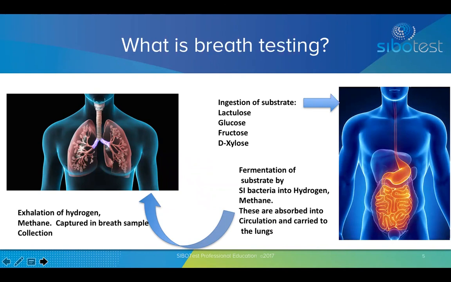There is a third gas, hydrogen sulfide, that cannot be assessed using the breath tracker at this time. These two gases are absorbed into circulation through the digestive tract and carried to the lungs, where they are exhaled and can be captured in a breath sample collection.